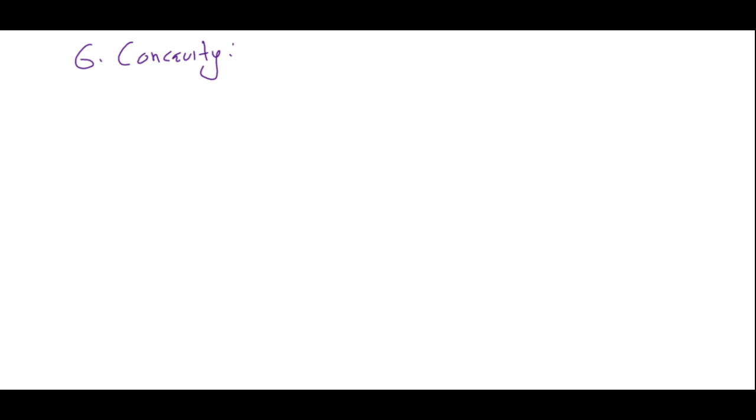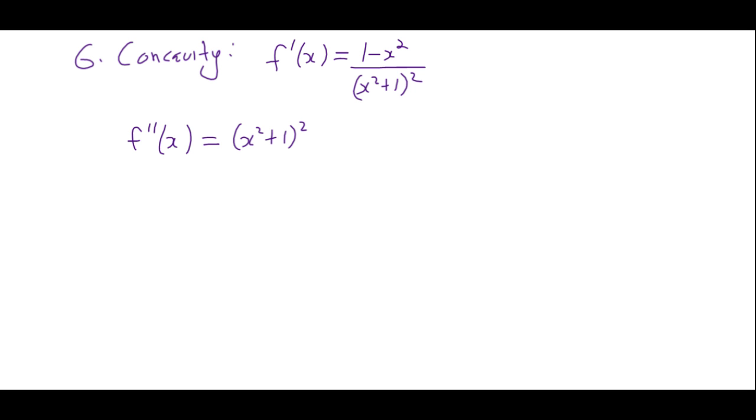Okay, so concavity, we know that f prime of x was what? 1 minus x squared over (x squared plus 1) squared. And we need f double prime of x. All right, another quotient. So what have we got? We've got the denominator times the derivative of the numerator, minus numerator times the derivative of the denominator.